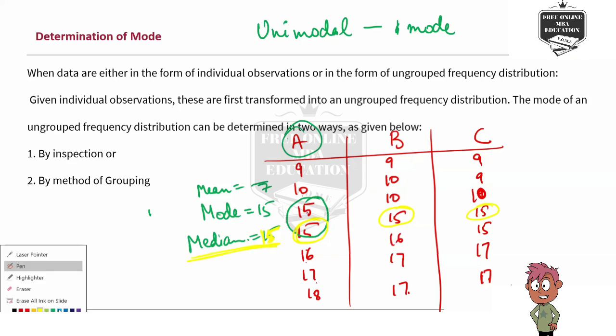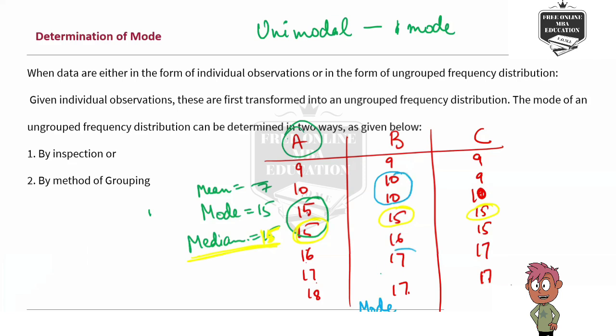Let us now consider what the mode is in this case. Now, 9 is repeated once, 10 is repeated 2 times, but 17 is also repeated 2 times. So what are we getting? That we are having 2 modes right now, 10 and 17. When you have 2 modes, it is called a bimodal distribution.